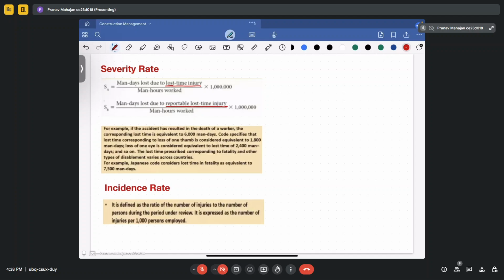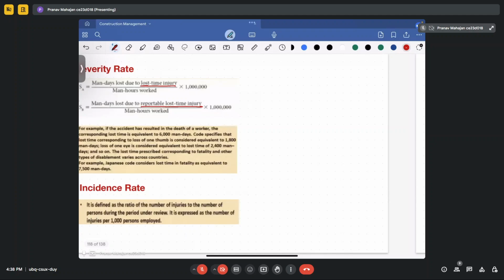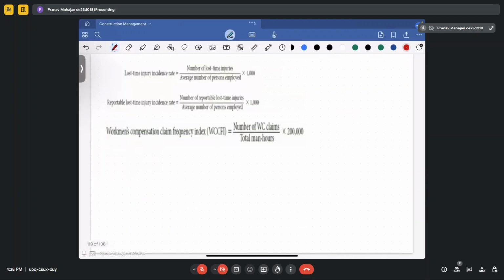incident rate? Incident rate is defined as the ratio of injuries to the number of persons during the period under review. It is expressed as the number of injuries per 1000 persons involved. So how is the incident rate defined?